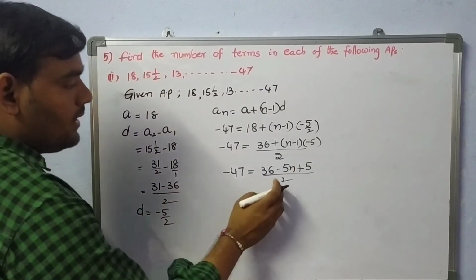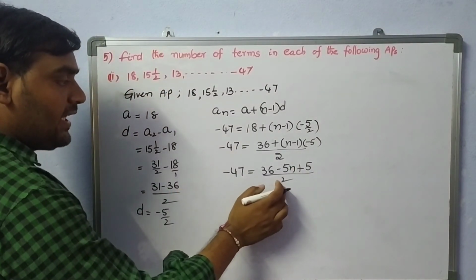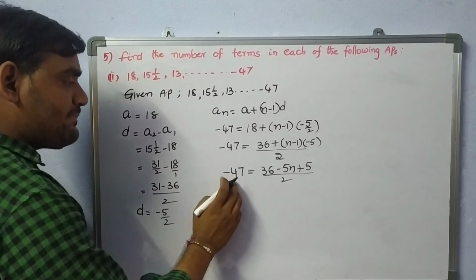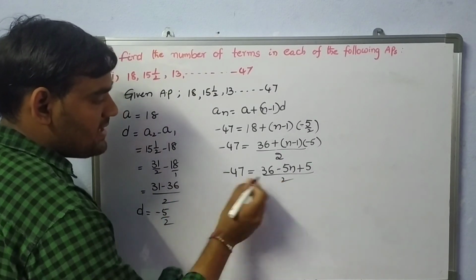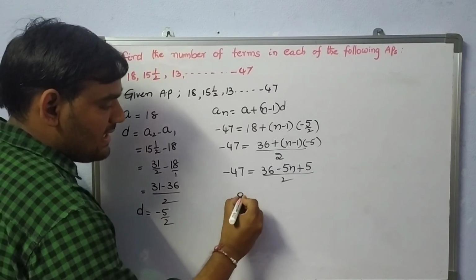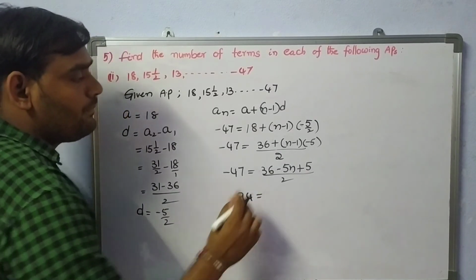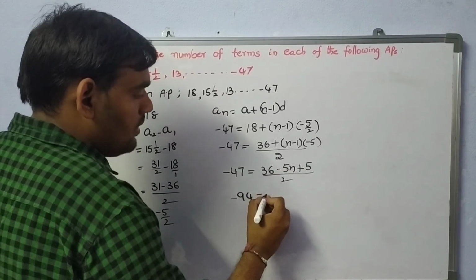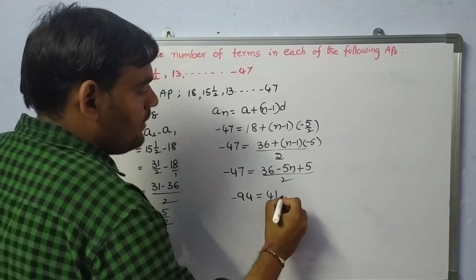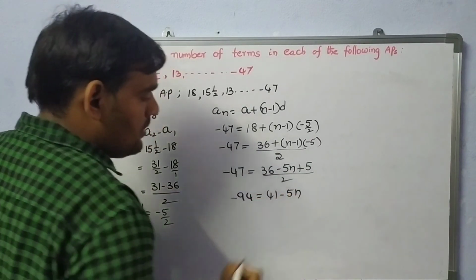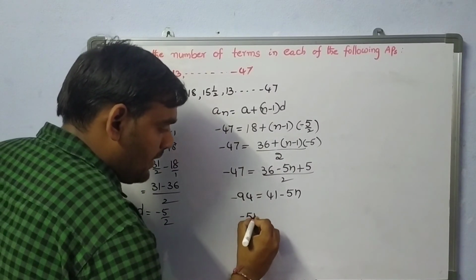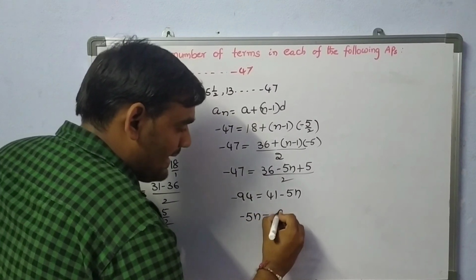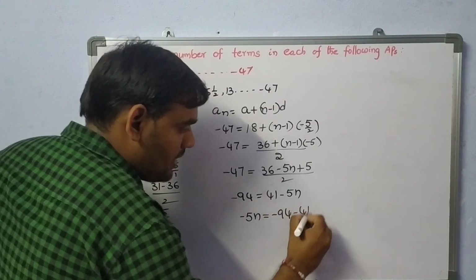So here 2 is dividing, before the equal sign it will multiply with the minus 47. So minus 47 into 2, minus 94, is equal to 36 plus 5, 41, minus 5n. So here we can write this as minus 5n is equal to minus 94 minus 41.